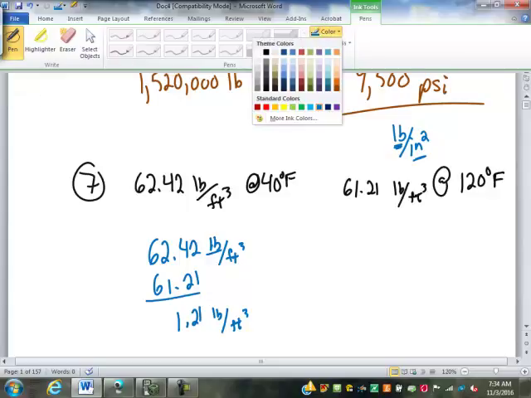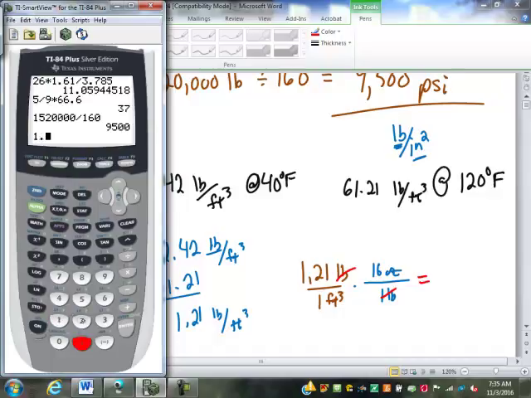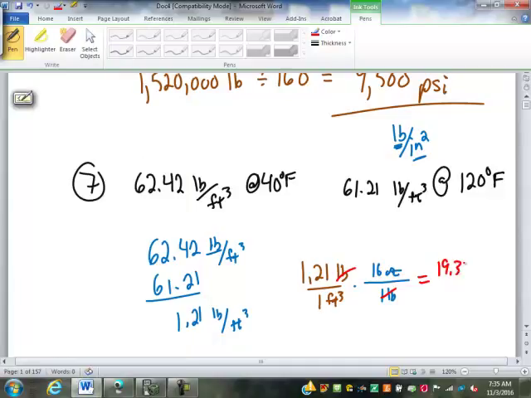So I have to convert that into ounces. One pound is 16 ounces. So it's going to be 1.21 times 16. So 19.36 ounces per cubic foot is the change.